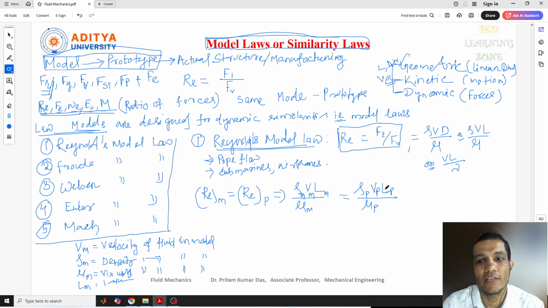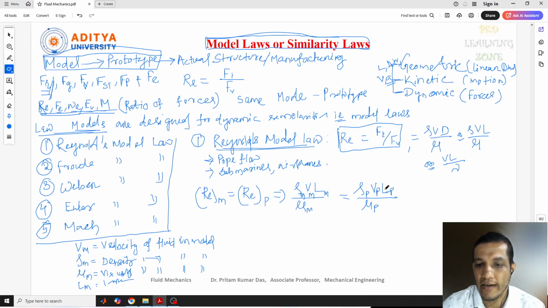Now we need to satisfy this equation. That means if the Reynolds number for the model and the Reynolds number for the prototype are the same, then we need to consider both equation terms. Finally, we will get an equation that can be used for solving any kind of problem. That is our intention actually.